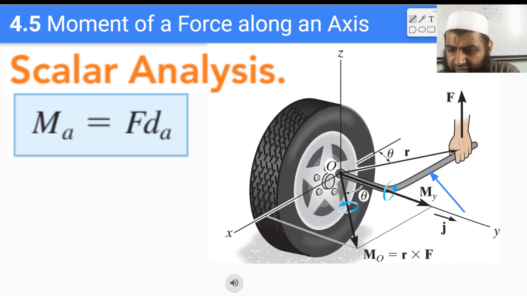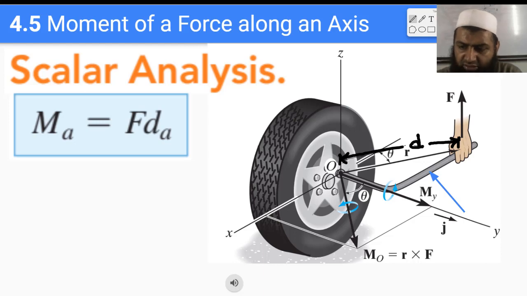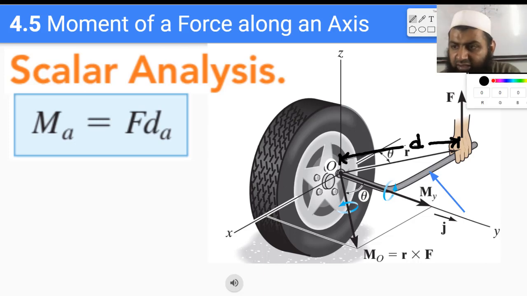So this vector is vector r, and this distance is d from here to here. But this is not the distance that we want. To use this formula, we want the perpendicular distance from the axis. This is our y-axis and we want the perpendicular distance from that axis.